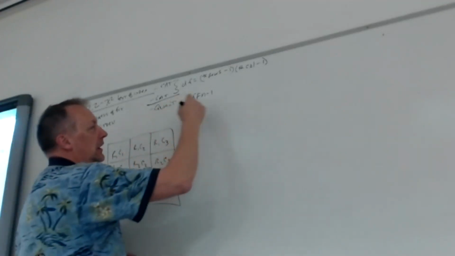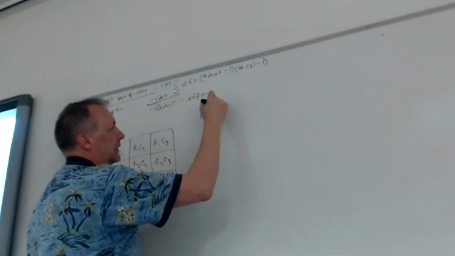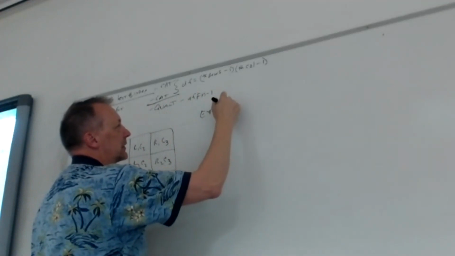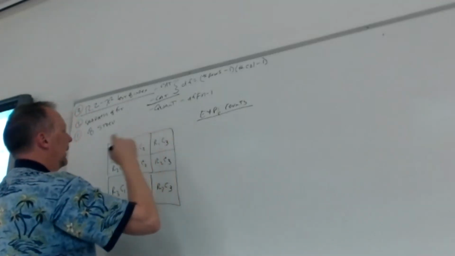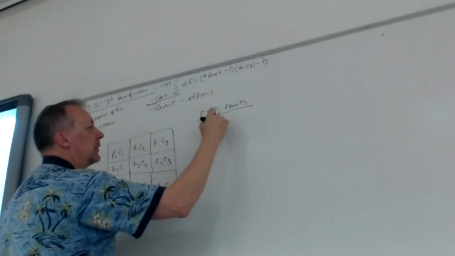Now, here's the wrinkle on our expected counts. Let's say row 1, column 1. We're going to do this for every cell, depending on where you are.